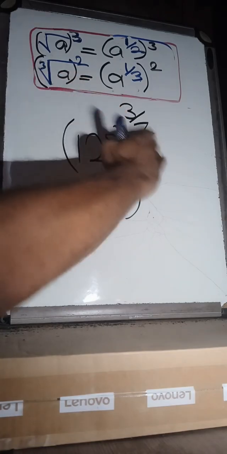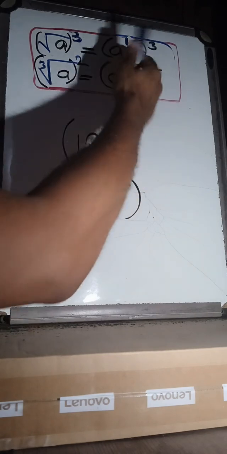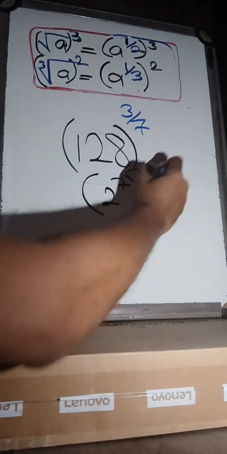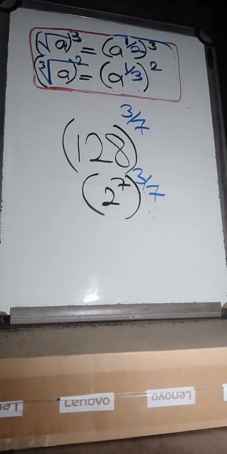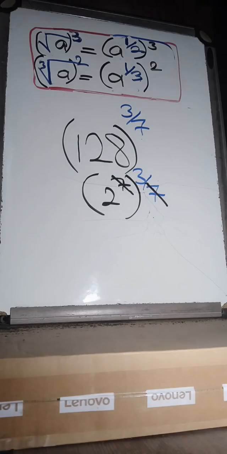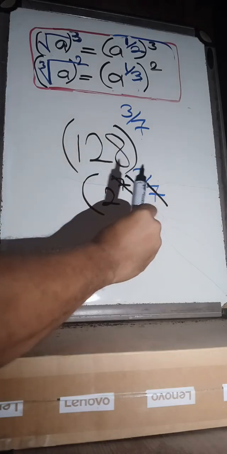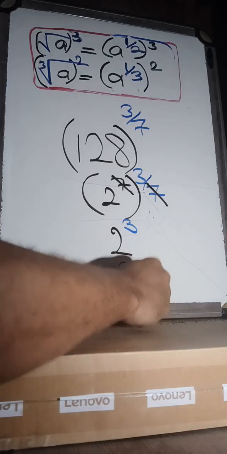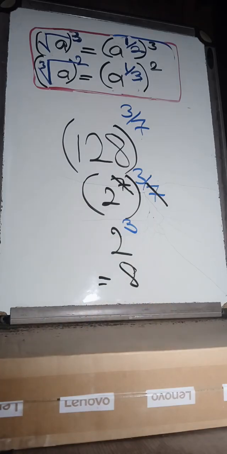The outside is 3/7. So now you have 2 raised to the 3, resulting in 8. So either way, you end up with the same thing.